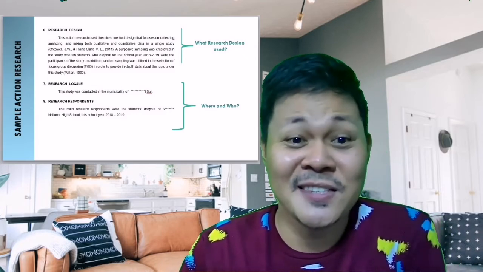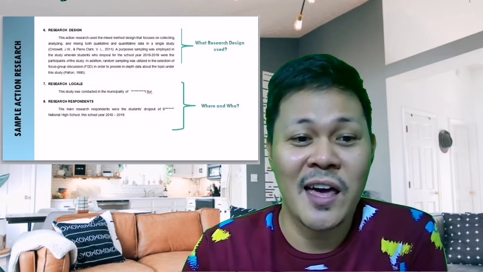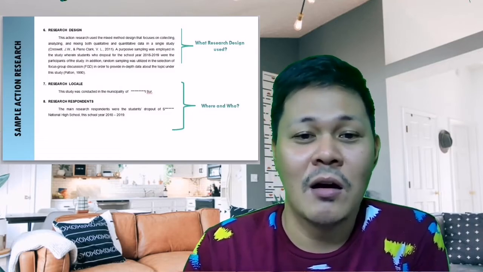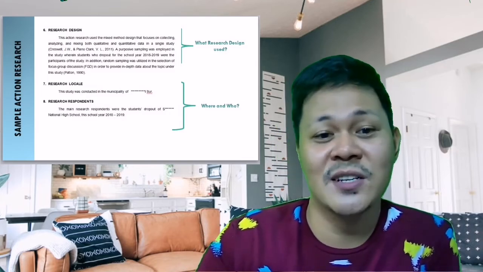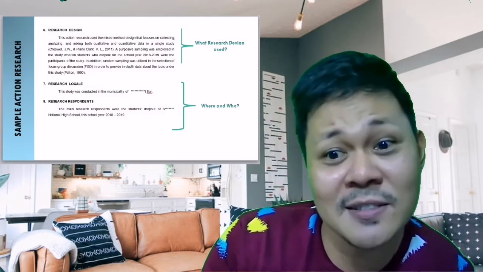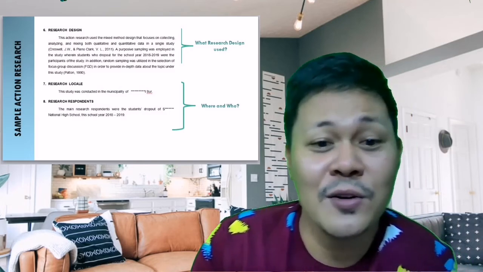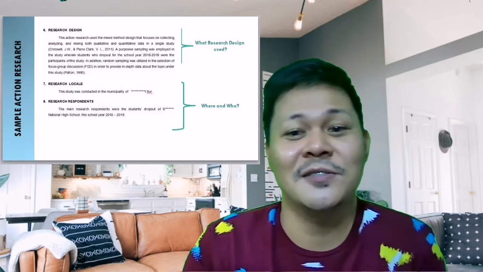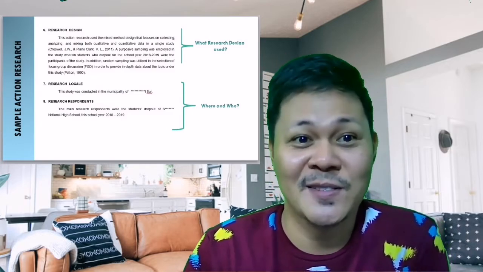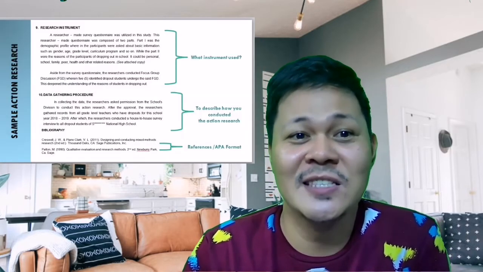Next is the research locale and the research respondents. You just have to indicate the location where the research is conducted. Next are the respondents. So who are your respondents? You have to state the respondents of the study. Next is the research instruments.